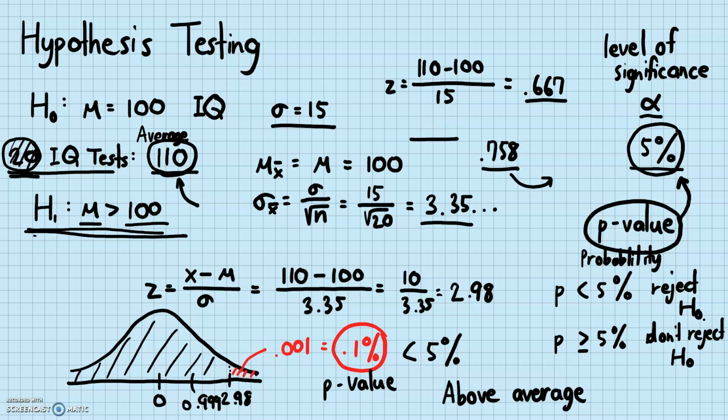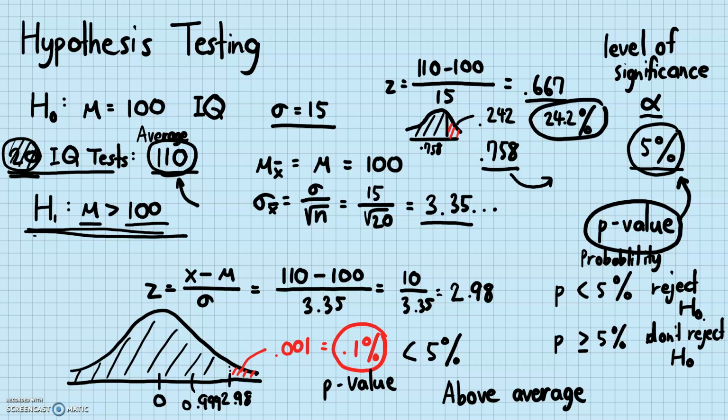Let me roughly draw the graph here. This part is 0.758, so to get to the greater than part, like we did earlier, we subtract that from 1. You'll get 0.242, or 24.2%.